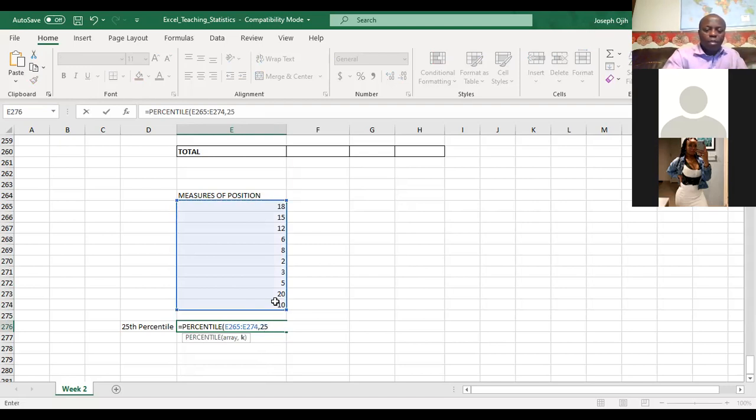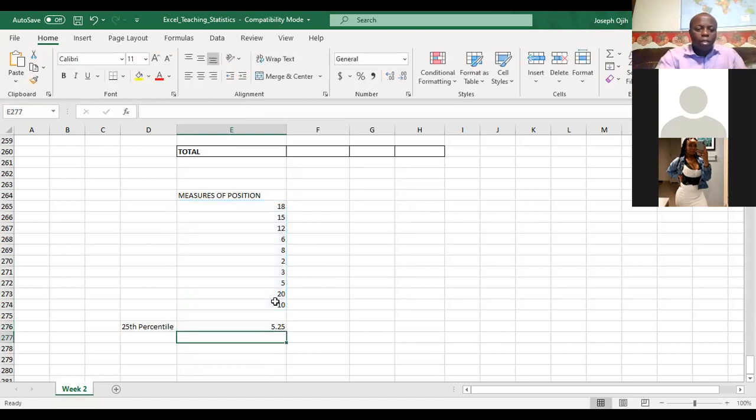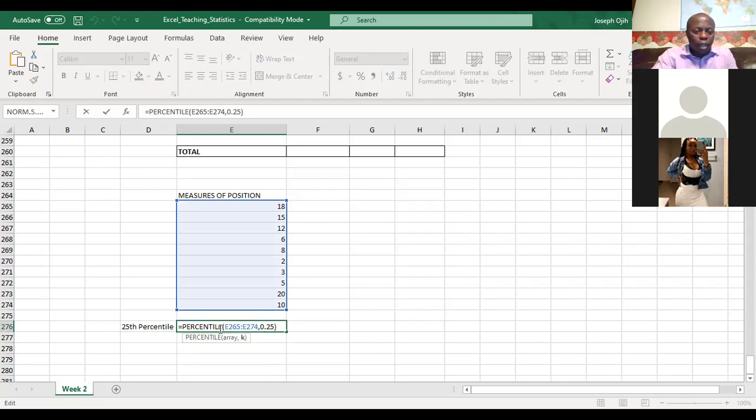Because it is in percent, it's going to be 0.25. Let's see. It's giving us the kind of average, I mean, sorry, estimate. What answer we have in paper is 5. So we can adjust this.